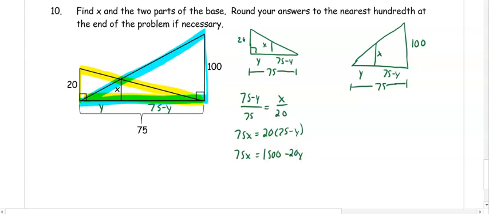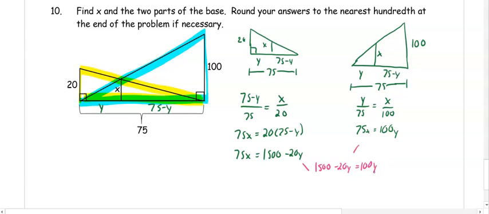So I'm going to move to the other triangle. And when I set up a proportion, I have y over 75 equals x over 100. As I cross multiply, I get 75x equals 100y. Because they're both equal to 75x, we can use substitution. And we can get 1,500 minus 20y equals 100y.